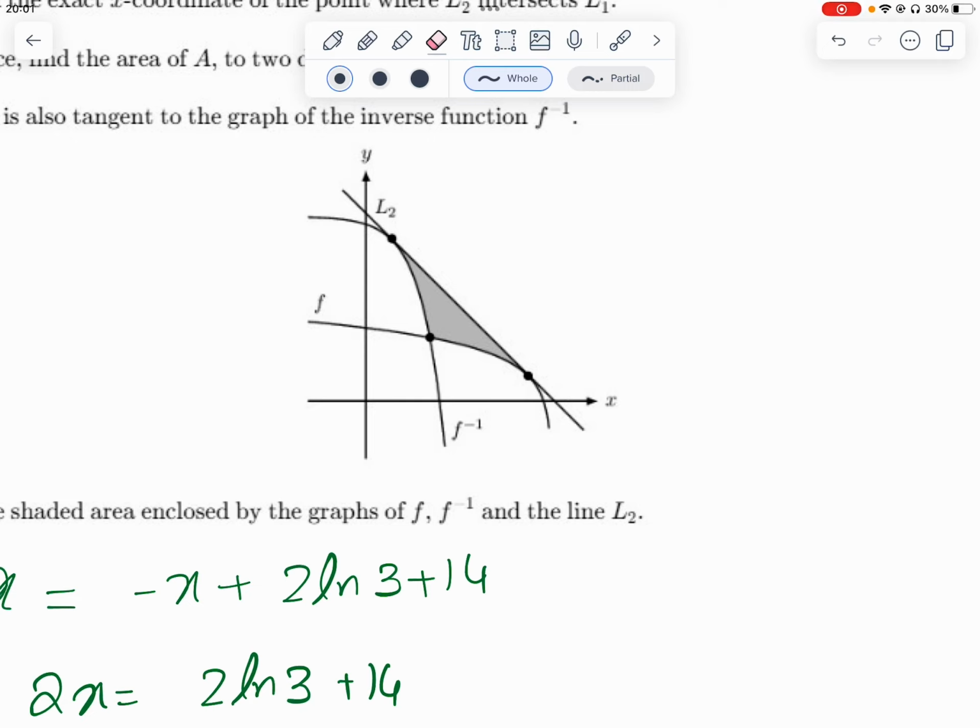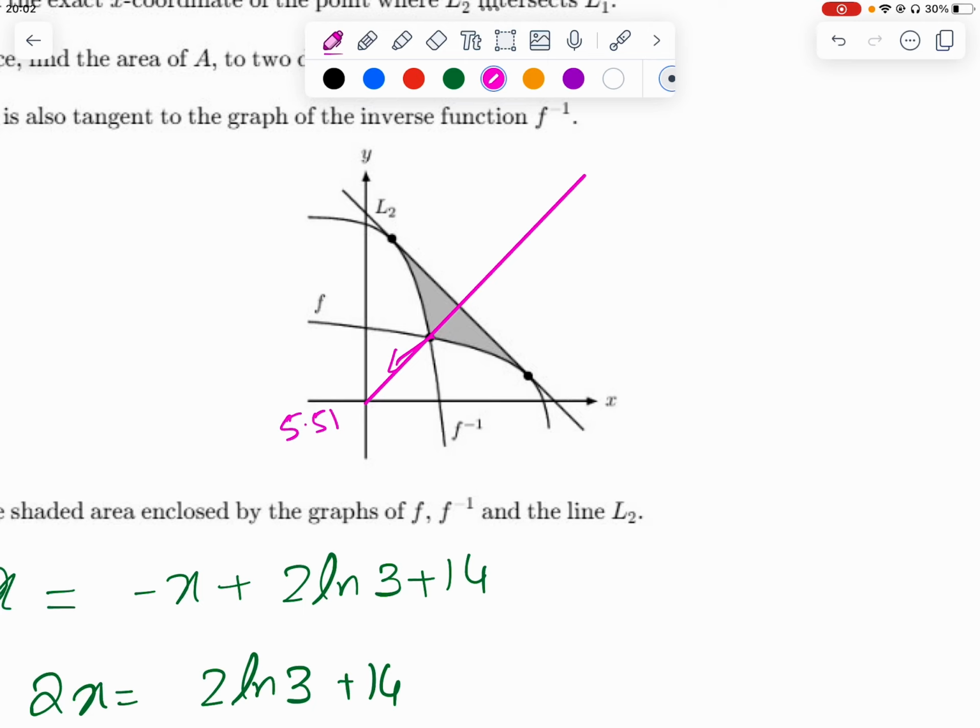So we have to start from the beginning over there. This point is 5.51. That is the x coordinate of P. What was P? P was the point where the line y equals x and the graph f of x intersect.